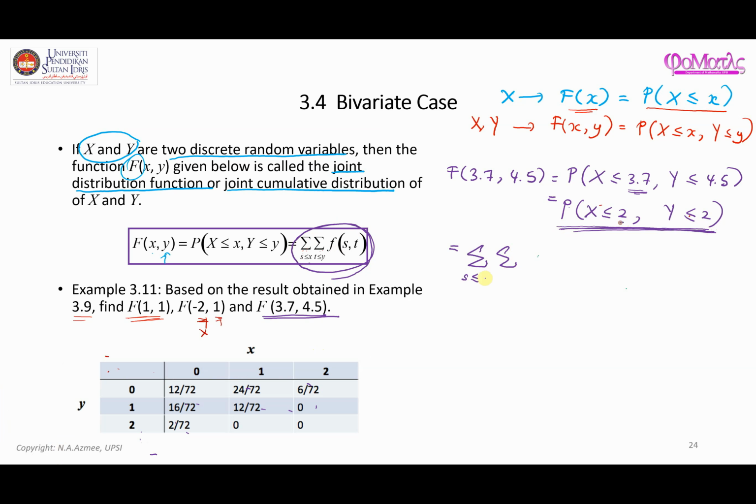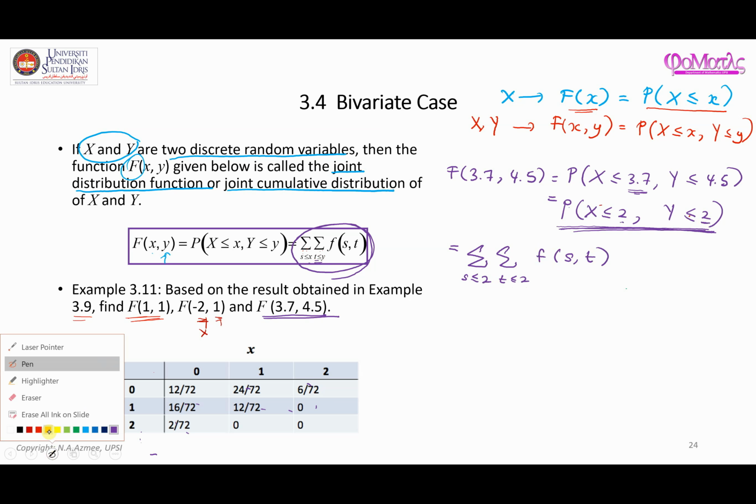The value of x is 2, so s is less than or equal to 2. Similarly, t is less than or equal to 2 for this one. And here we've got f(s, t). Now think of this one as the inner circle, where you change this part first, and then this is the outer circle.